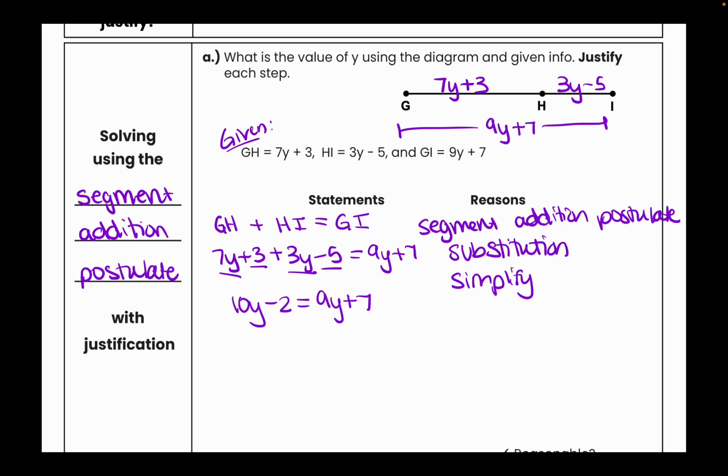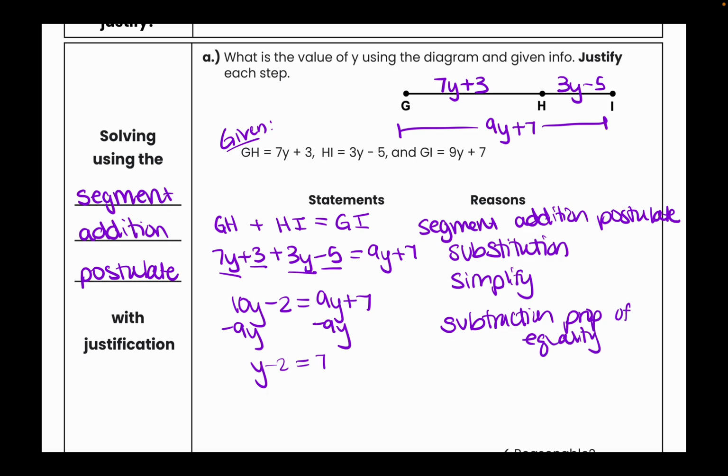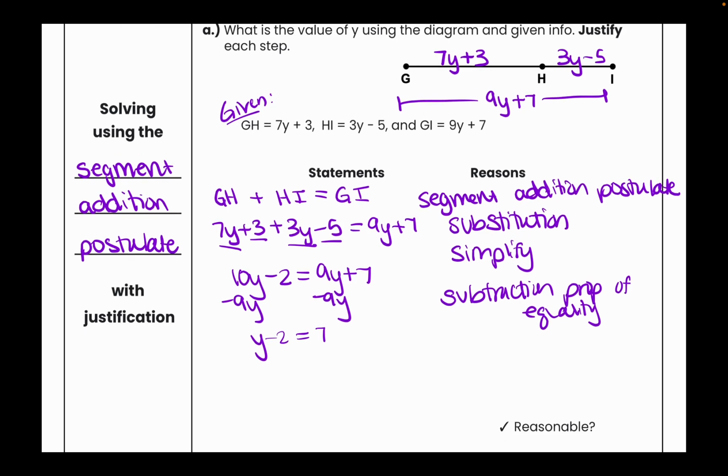Now we're going to subtract 9y from both sides. So we get y minus 2 equals 7. That was the subtraction property of equality. What you do to one side, you have to do to the other.